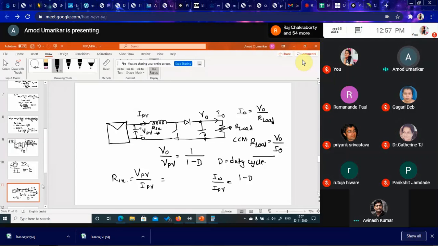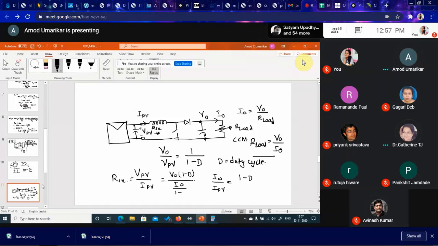Now substitute here. VPV is nothing but V0 into 1 minus D. What is IPV?